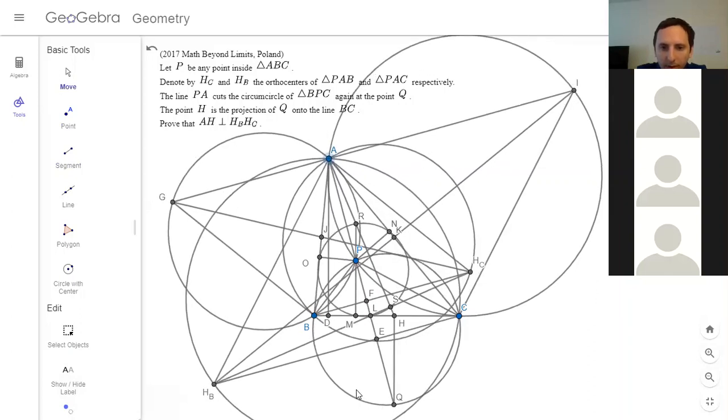We haven't used that Q lies on this circle, so I think there's still some work to do here. So we have PLM is similar to QLH, but we also need that PBQC is cyclic, which I don't think we've used.